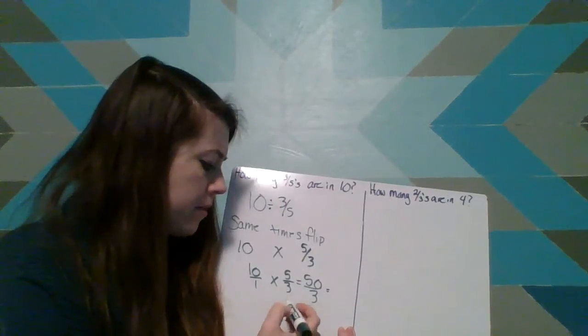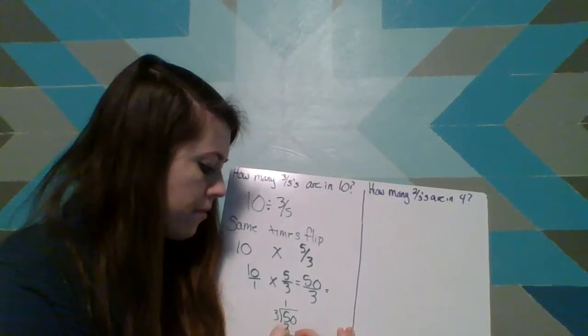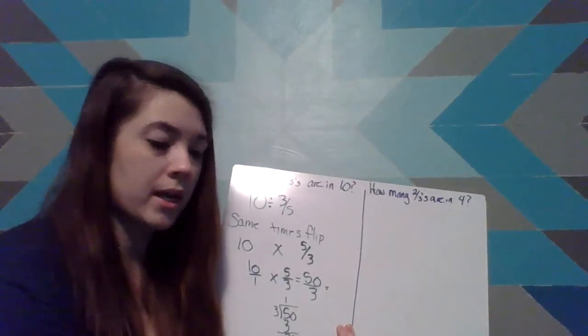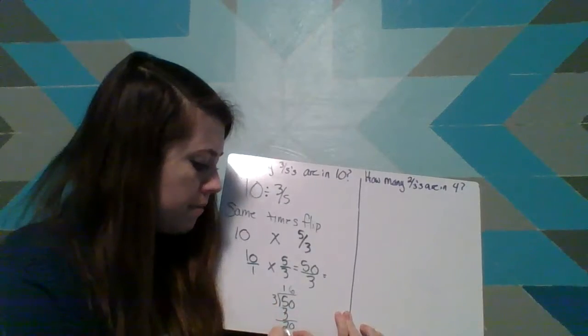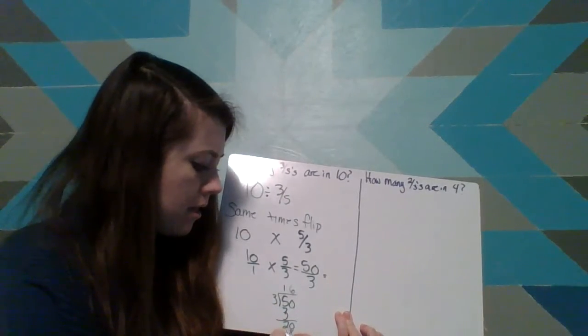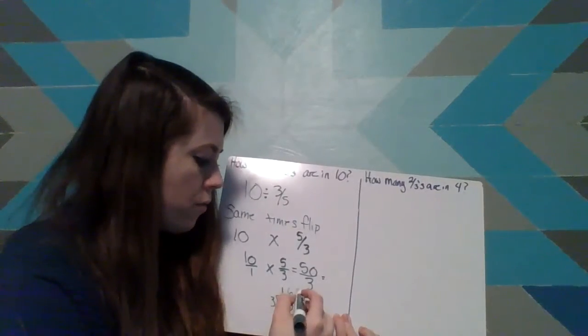How many times can 3 go into 5? That'd be once. So we've got a 3 here, 2, 0. How many times can 3 go into 20? It can go in there 6 times. We get 18. So we have 2 left over. So we've got 16, remainder 2.